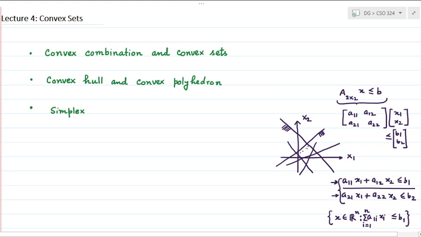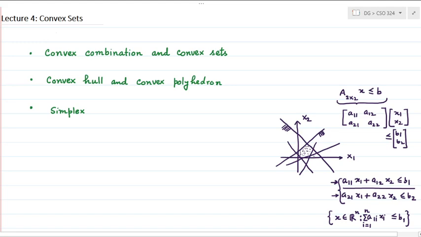So ultimately, the intersection of a finite number of half spaces is obviously either an empty set or it is a polygonal region, right?